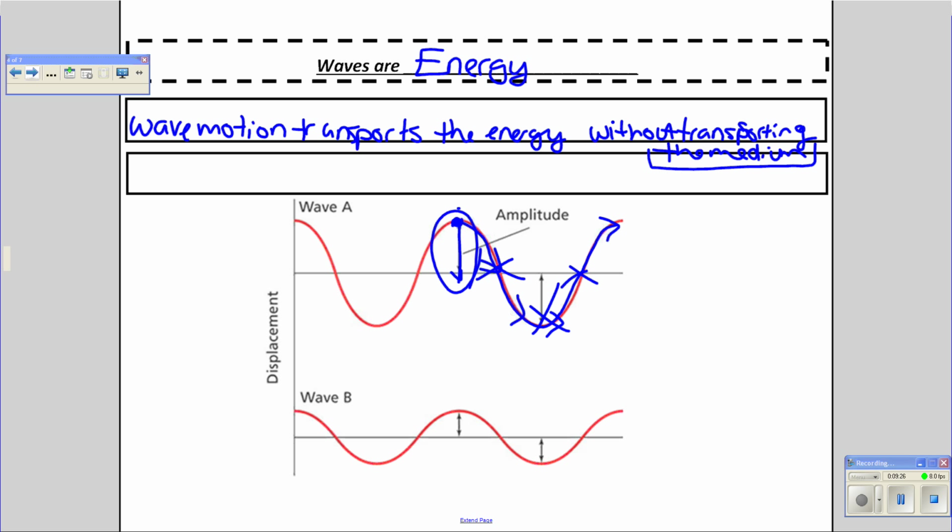So, what is it that I just said? I said that the medium that carries the energy of the wave does not travel with it. Okay?